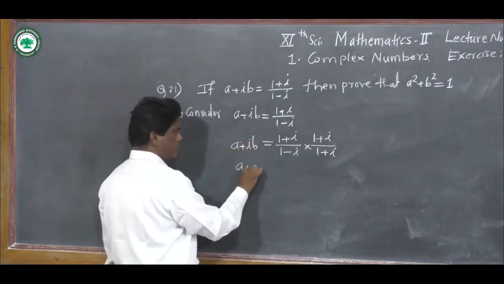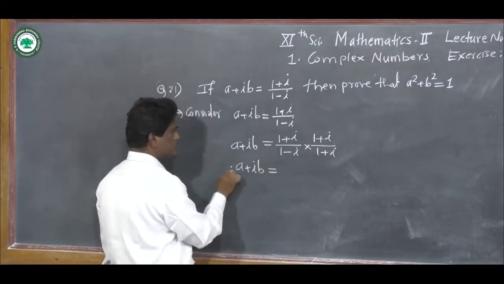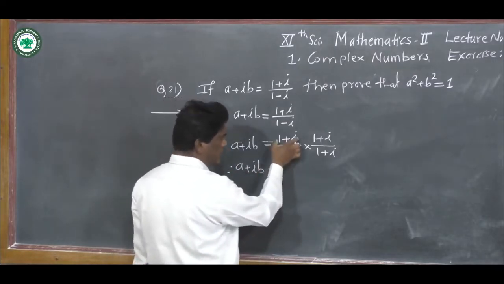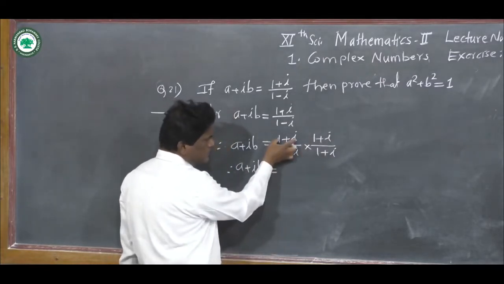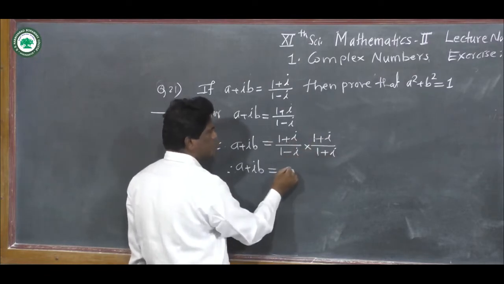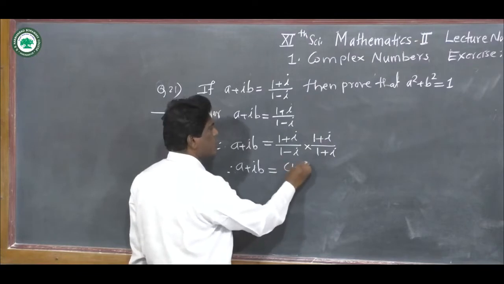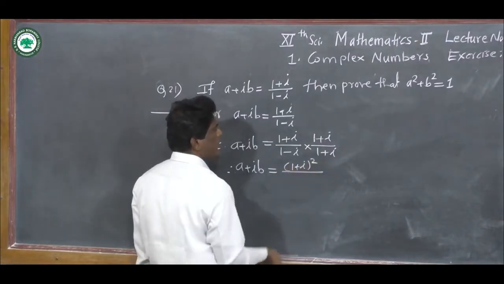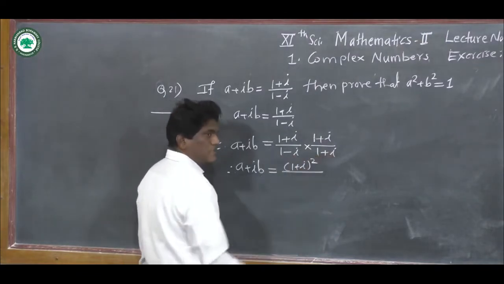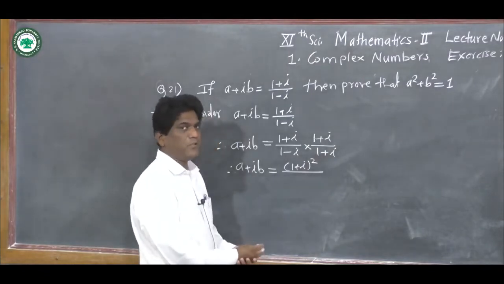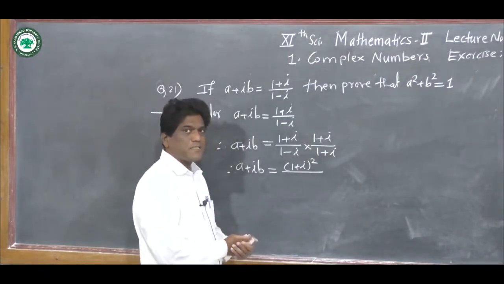So a plus ib is equal to, now take the product of these two. That is 1 plus i into 1 plus i. So 1 plus i bracket square divided by 1 minus i into 1 plus i, using the formula a plus b into a minus b, that is a square minus b square.